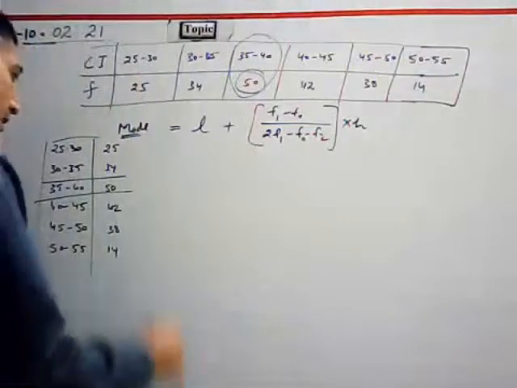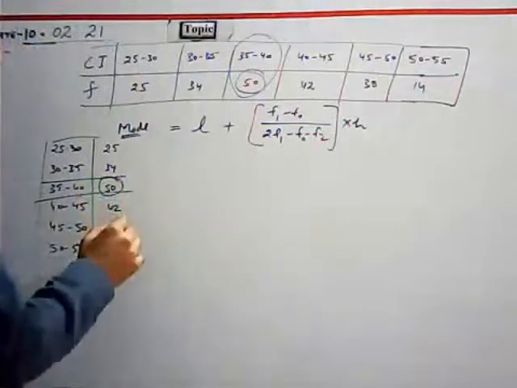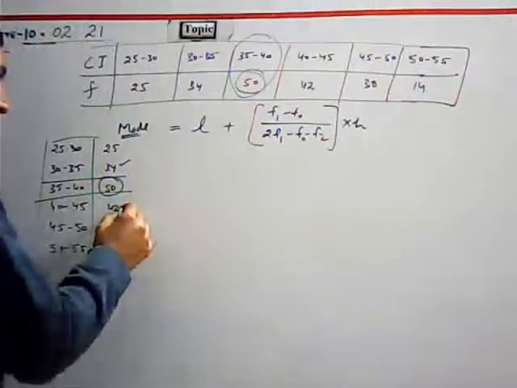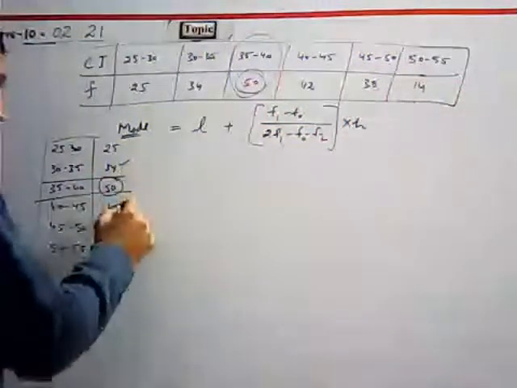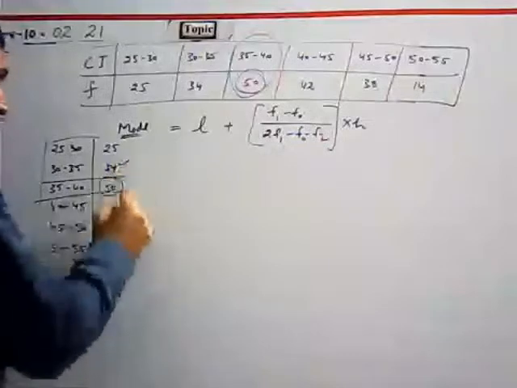So here this is F1, this is F2, and this is F0.